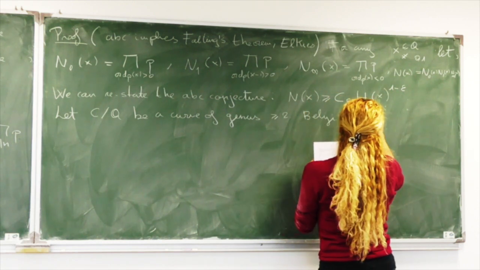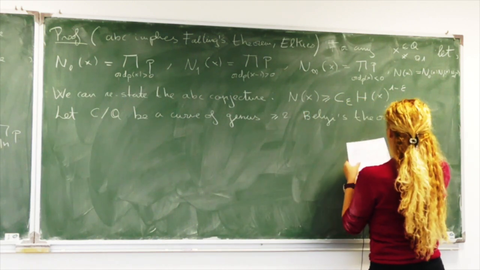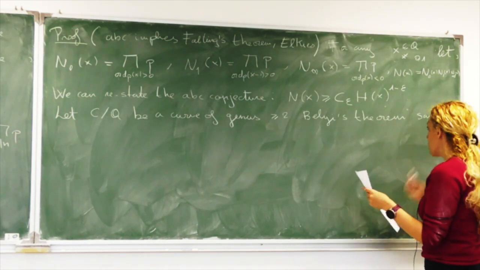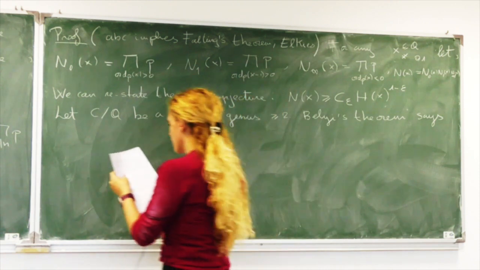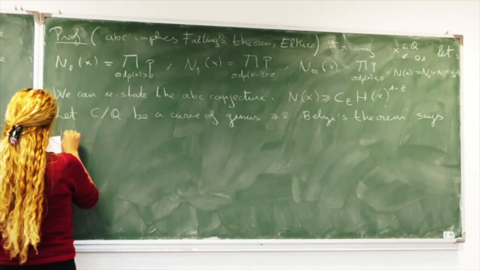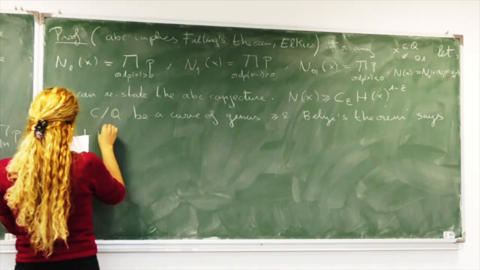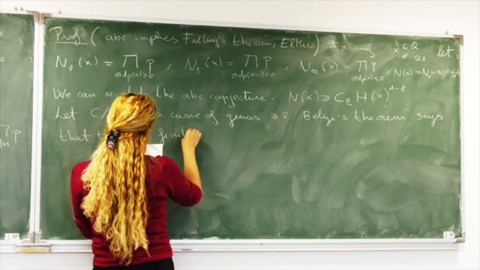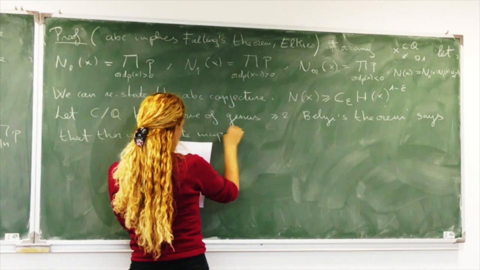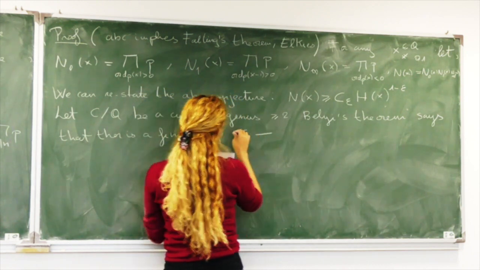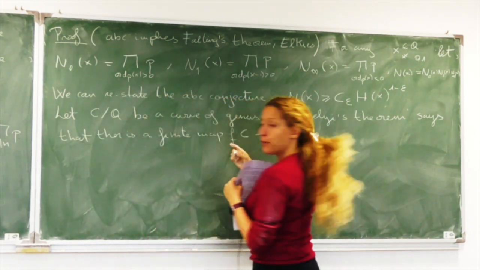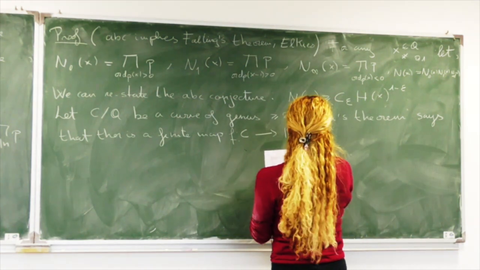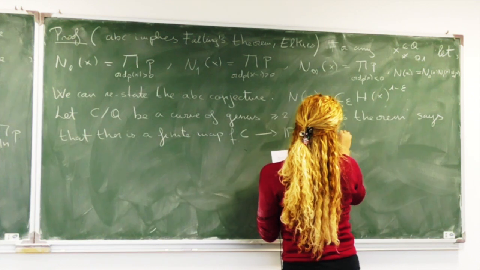Belyi's theorem. This is a theorem in geometry that we haven't seen, but I'm telling you what it is saying. Belyi's theorem says that there is a finite map from the curve, I'm going to call the map F, from the curve to P1, say of degree d.